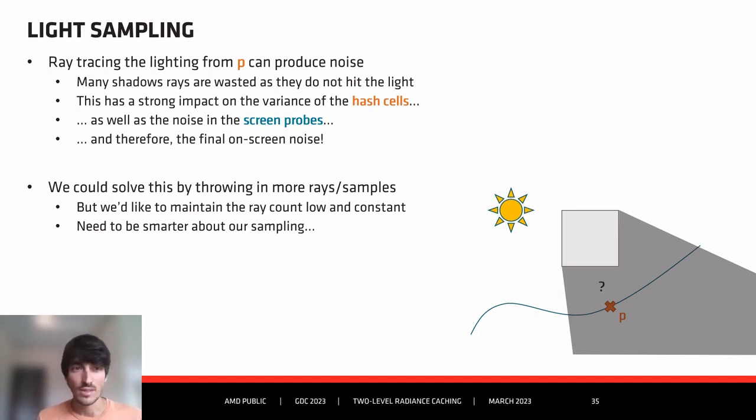So we want to do something about this. We could solve this problem obviously by throwing more rays at the problem, but again, we'd like to maintain the ray count both low and constant. So we'd rather try to be smarter about our sampling.